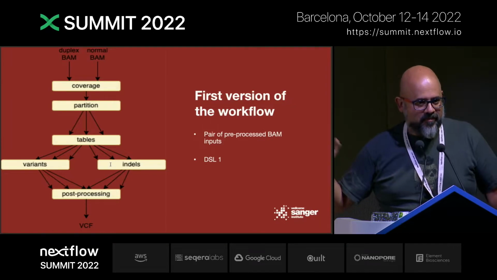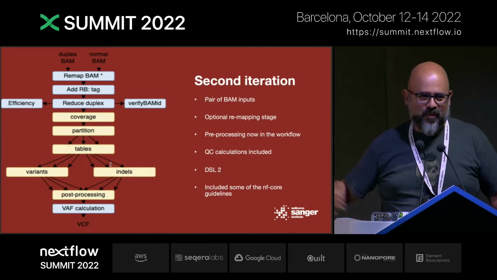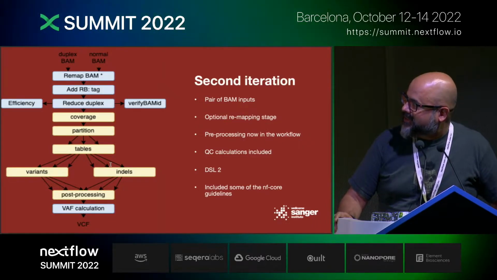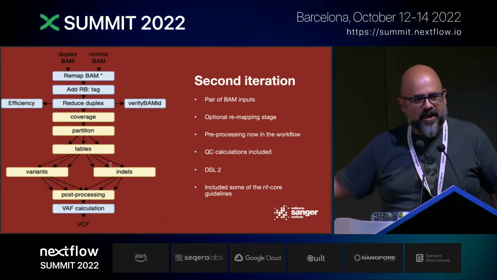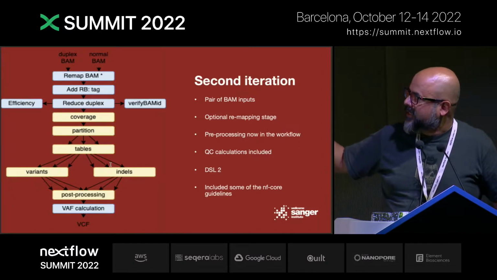So I took this and went to the scientists. I was all excited, and of course they said, hey, could you add more stuff to it? They told me they spend a lot of time in the pre-processing of the BAMs and asked if I could add that to the workflow. Yeah, of course.